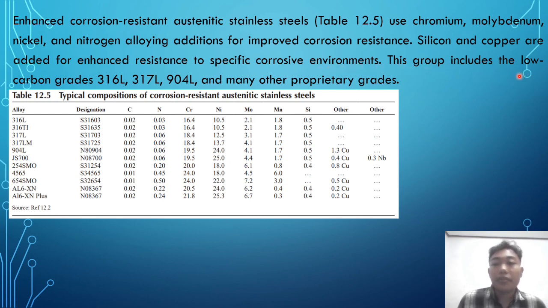This group includes the low carbon grades 316L, 317L, 904L, and many other proprietary grades. This is table 12.5, typical composition of corrosion resistant austenitic stainless steel.